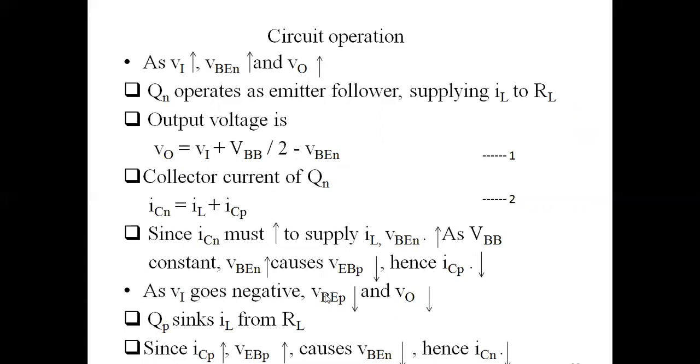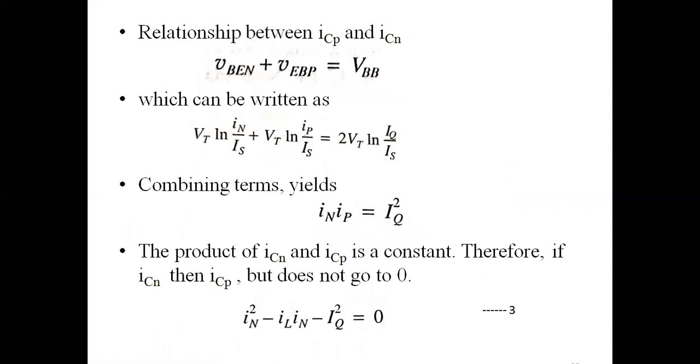The VBE decreases and also the output voltage decreases. At this time, QP sinks the load current from the RL and hence the IP increases, the VEBP also increases, causing VBEN to decrease and hence ICN also decreases.